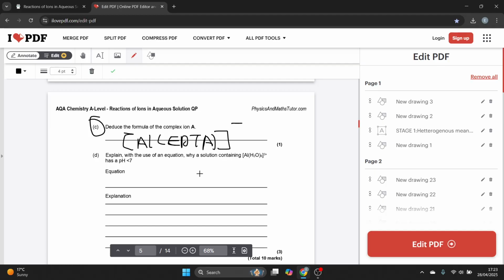And then it says, explain with the use of equation why a solution containing this has a pH less than 7. So, a solution containing this has a pH less than 7. Well, I'm just going to add water to it.